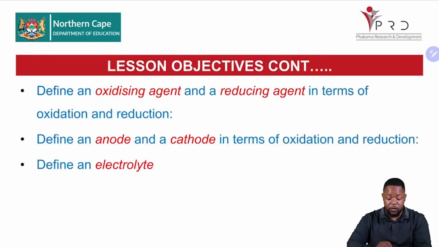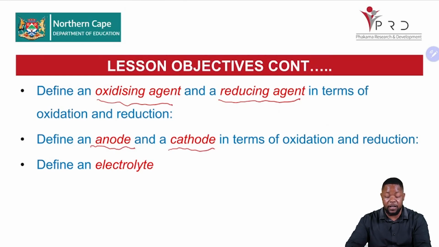We also need to be able to define the terms oxidizing agent and reducing agent in terms of oxidation and reduction. And we also need to be able to define anode and cathode in terms of oxidation and reduction. And very important is that we also need to be able to define the term electrolyte.